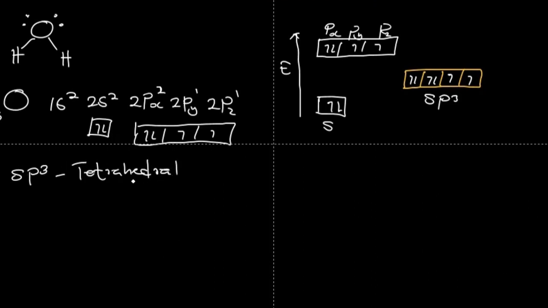But then, in the case of water molecule, we have the oxygen at the center, and then we have these four new orbitals, which of course will take on the geometry of tetrahedral.